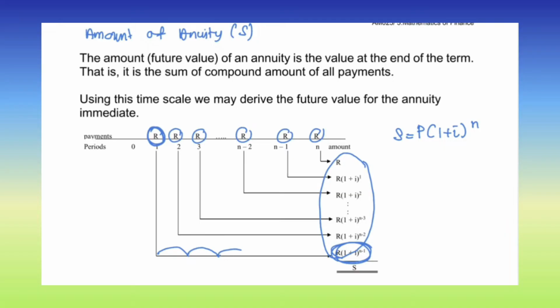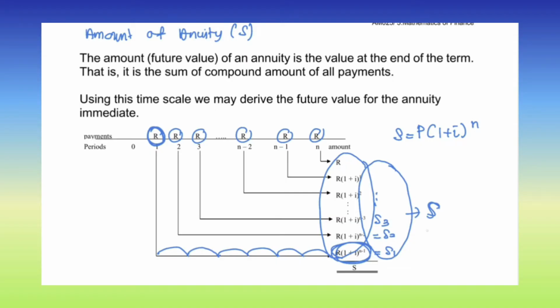So this is our first S, let's say S1. This is our S2, S3, and so on. All of these S1, S2, S3, and so on will be accumulated as S.